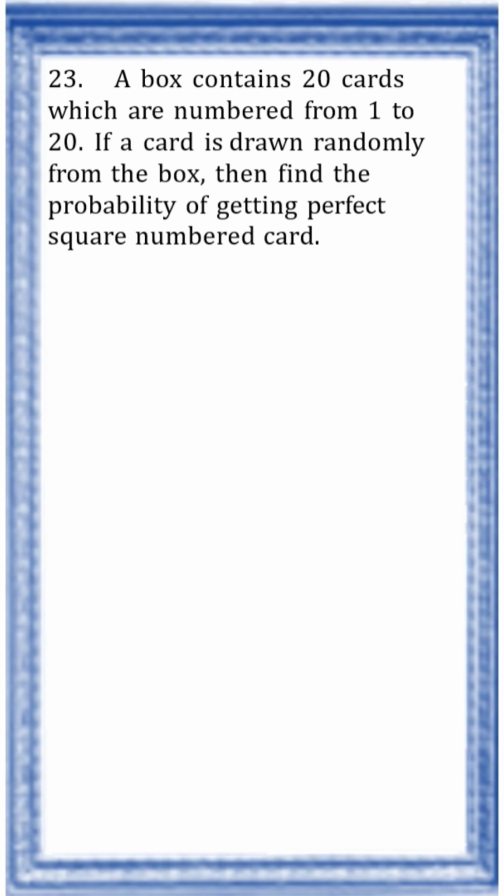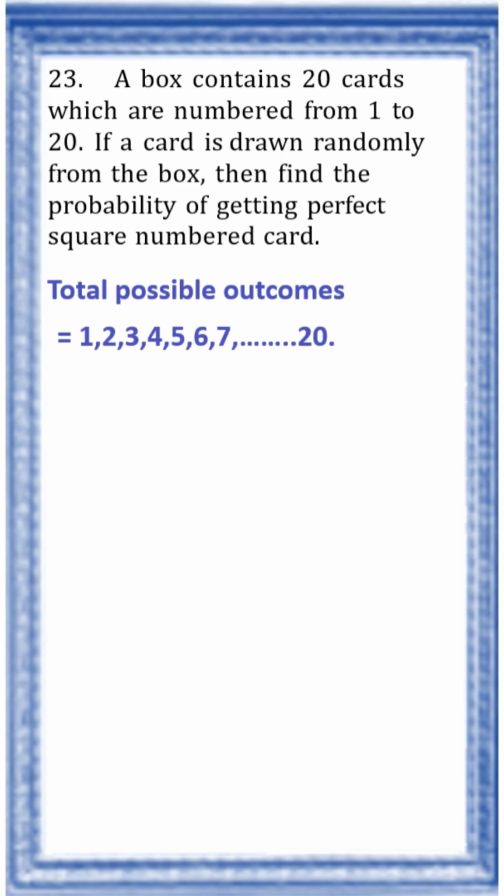A box contains 20 cards which are numbered from 1 to 20. If a card is drawn randomly from the box, then find the probability of getting a perfect square numbered card. Total possible outcomes are the numbers 1 to 20, so the number of S is 20.